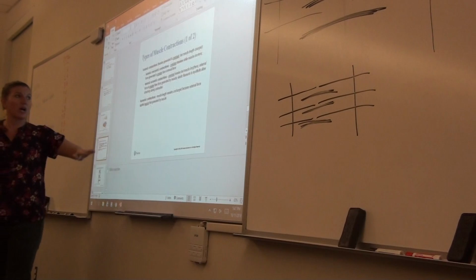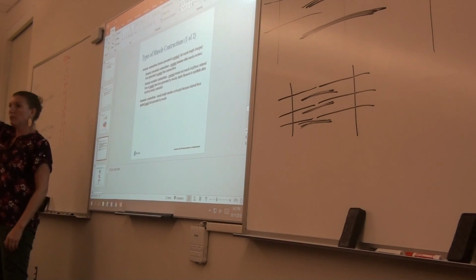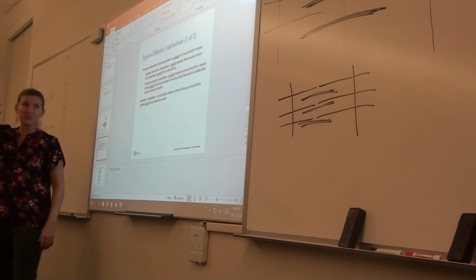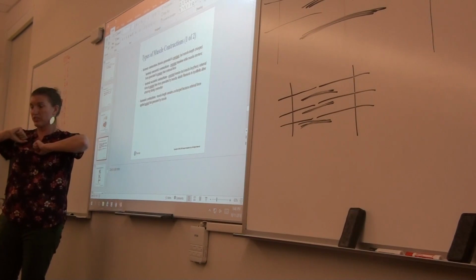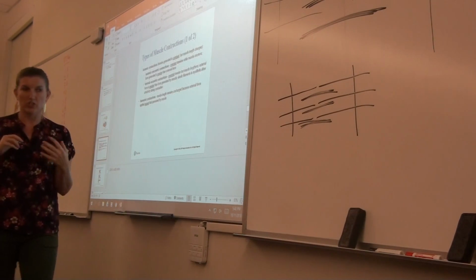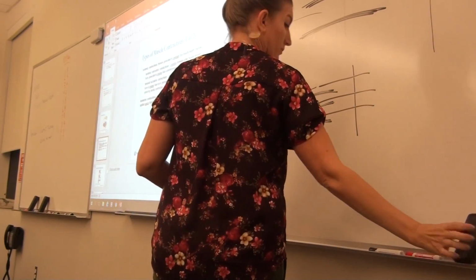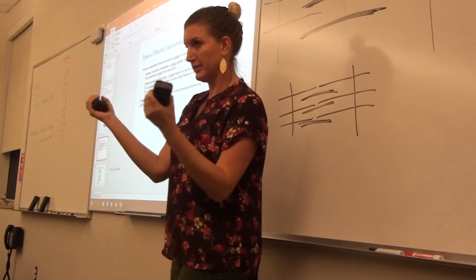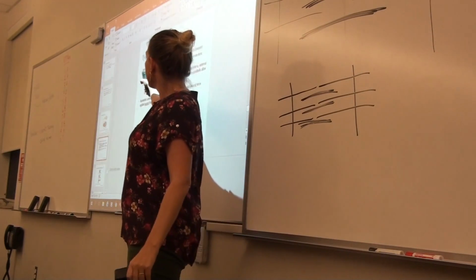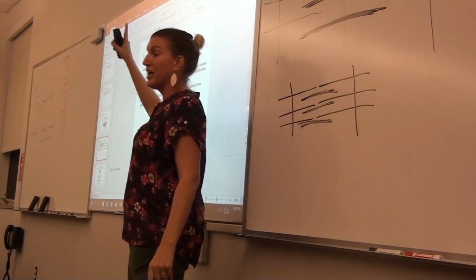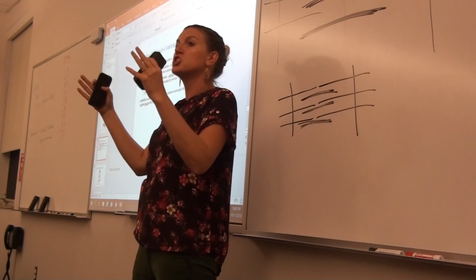So an isotonic contraction has two parts to it. There's a concentric contraction and an eccentric contraction with every movement. Okay, so I'll have my dumbbells here, my erasers. All right, an isotonic concentric contraction. Isotonic means that the muscle is changing in length.